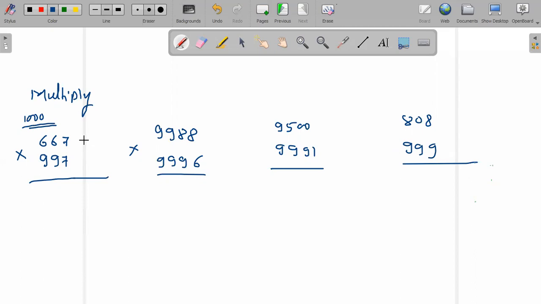I think 333. And here minus 3 will be there. Yeah, it's easy. Again, multiply these two. Yes, the answer will be 664999. That's it. This is the answer. After writing the accurate answer, you can remove this vertical line.